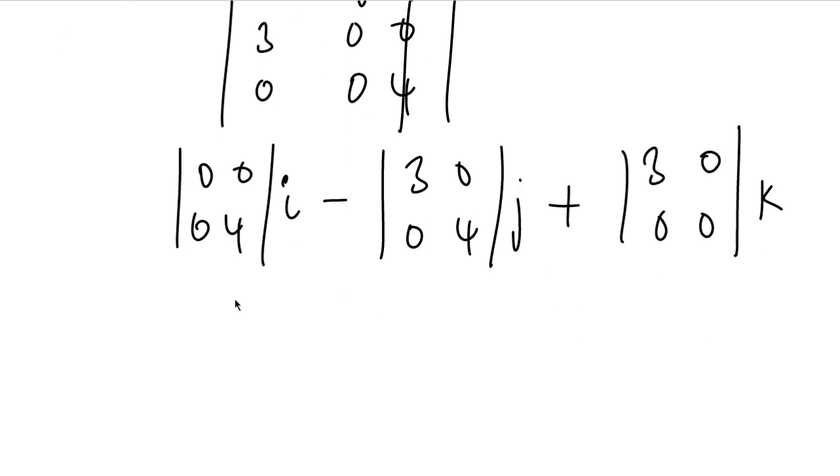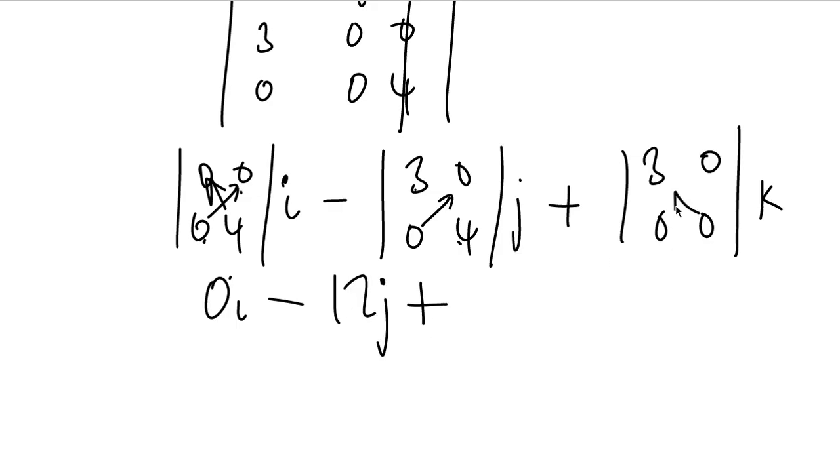Getting this, we have 4 times 0, that's 0, negative 0 times 0, that's 0i. Negative, 4 times 3 is 12, minus 0 times 0 is 12, j. Then plus 0 times 3, that's 0, negative 0 times 0, that's 0k. That's the same as saying negative 12j, and that's the cross product.